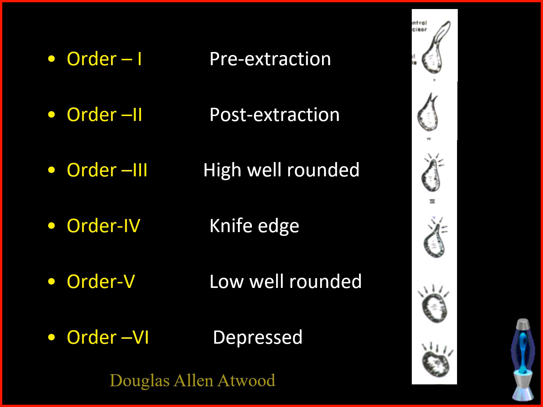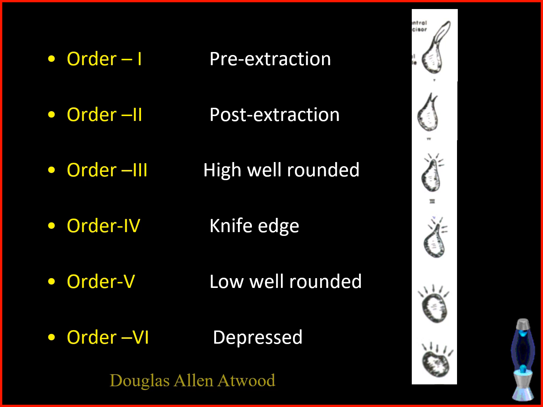Order 1 is pre-extraction. In the pre-extraction stage, there will be a buccal plate and lingual plate supporting the natural tooth. In order 2, post-extraction, the tooth is removed and the remaining buccal plate and lingual plate remain. In order 3, there will be organization of the blood clot, which leads to formation of crestal bone that will be well-rounded.